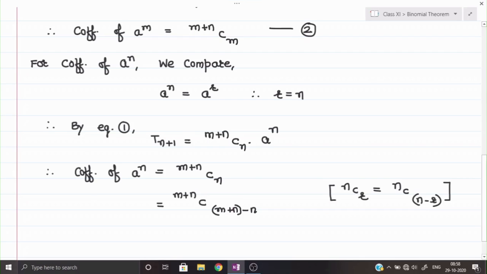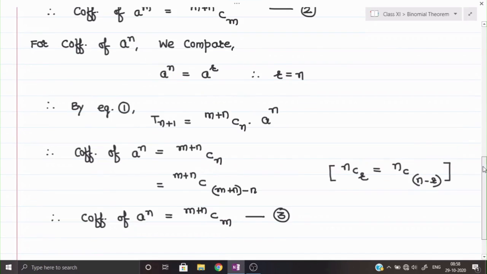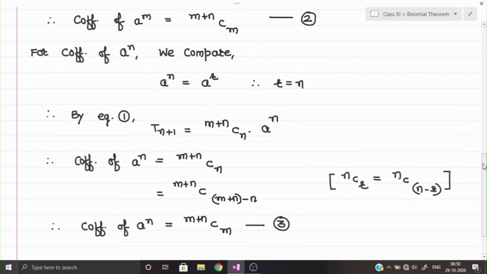Now you can observe n and n will be cancelled and it will remain, write down properly, coefficient of a to the power n is equal to m plus n c m, and this is your equation number third. Now check equation number second and equation number third. You can clearly say that both the coefficients are coming same.